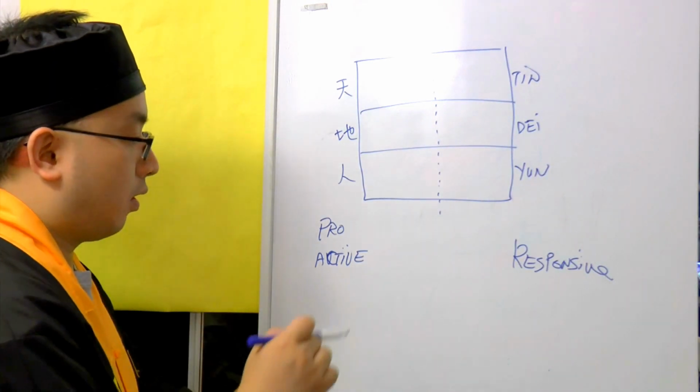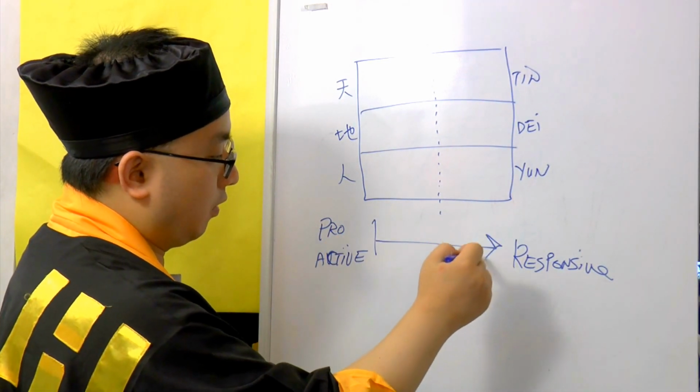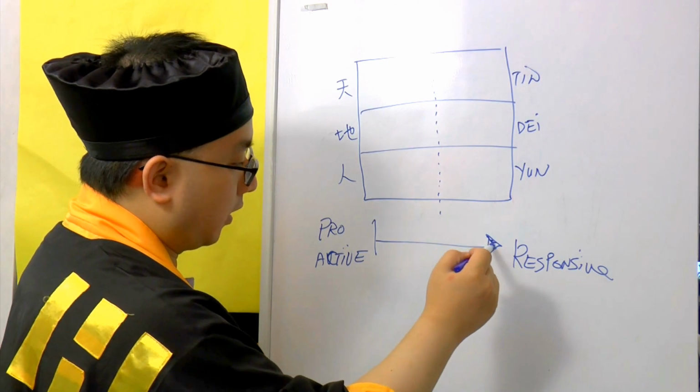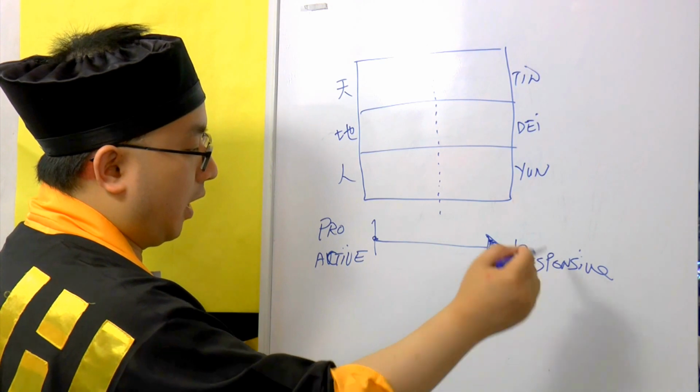Always action starts from here to here. That is like a timeline. The action starts from this side to here and ends.